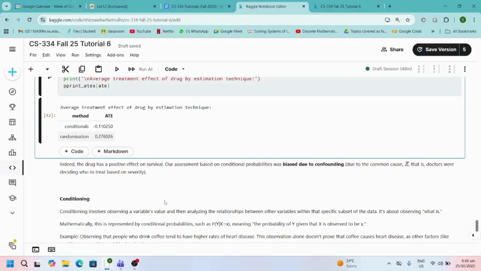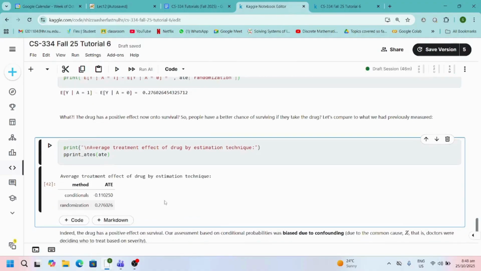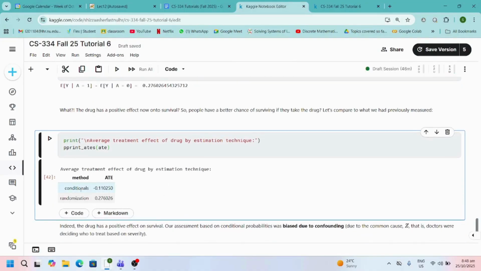Hence, I want you to understand that the result from conditional probability can be biased. And I want you to pause over here for a second and think about when these two values are going to be equal. It has been tested before and it is a very important concept.